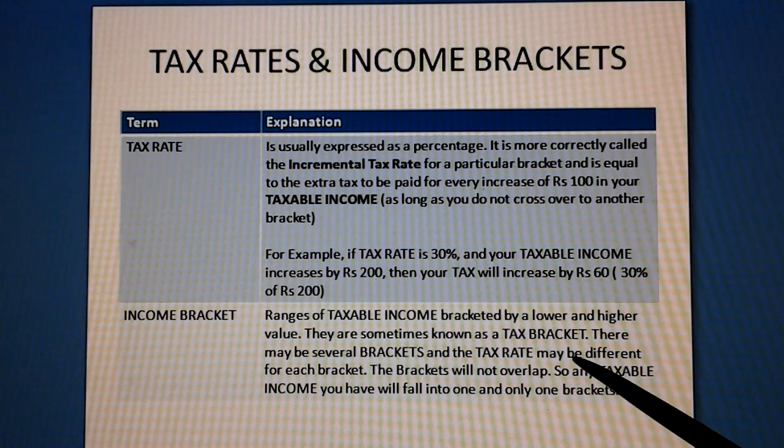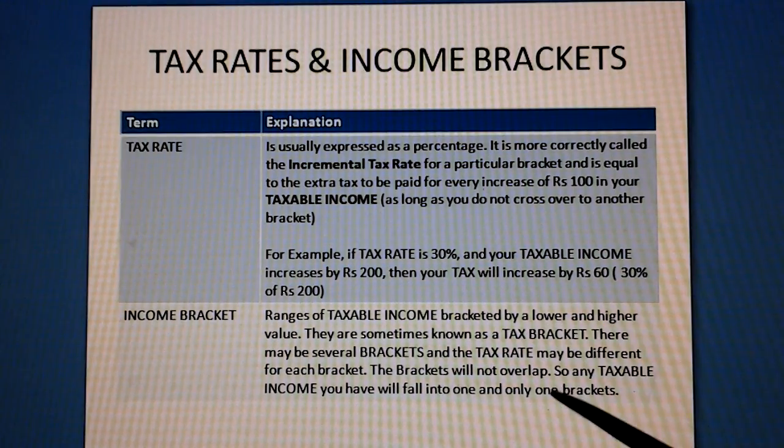The tax rates are usually different for each bracket. Now, the income brackets themselves don't overlap. So any taxable income that you have will fall into only one of these brackets, and so you can easily find out your incremental rate for that particular tax bracket.